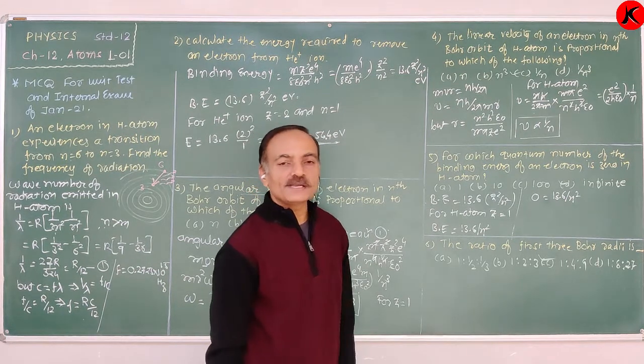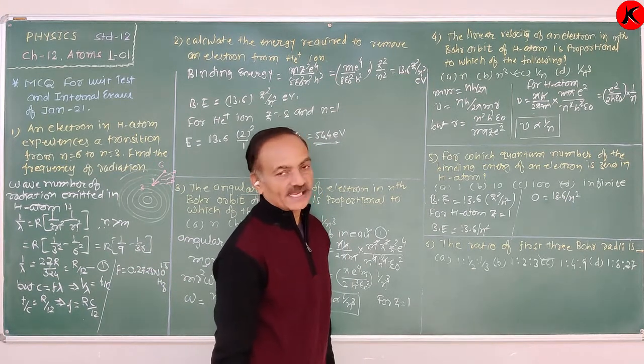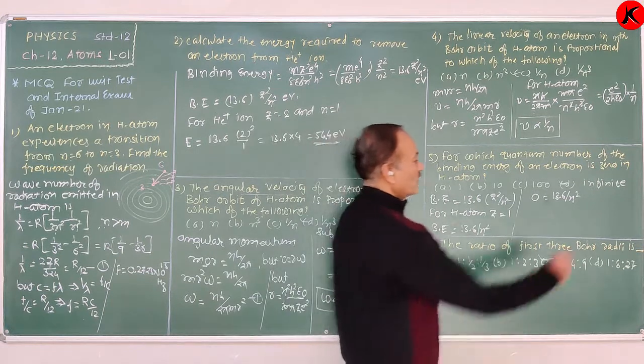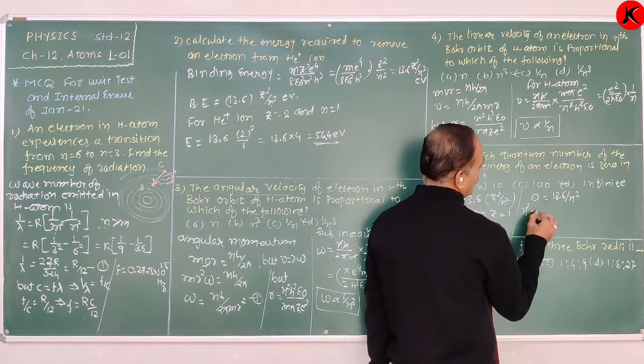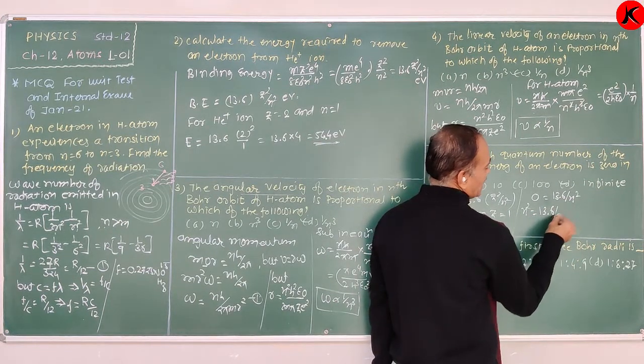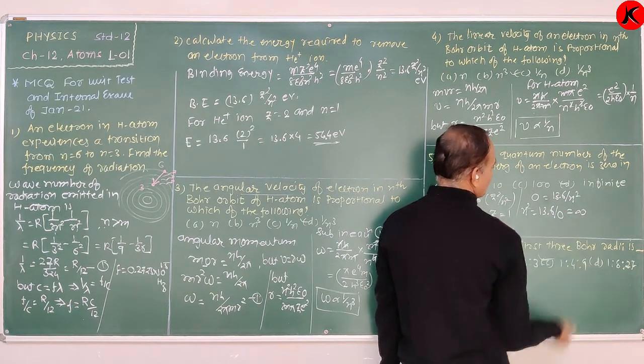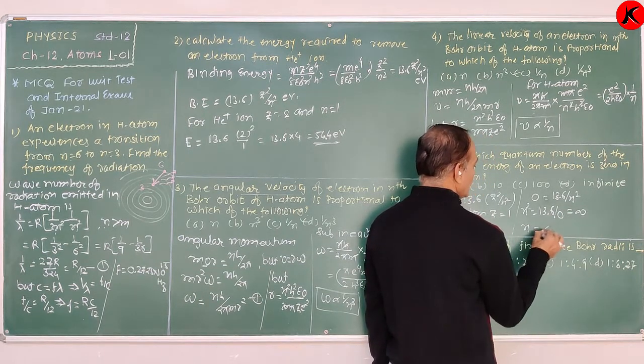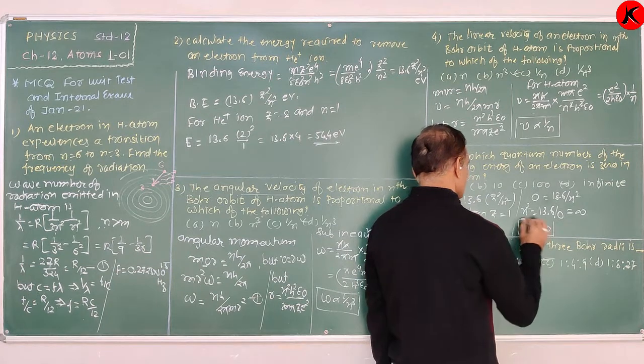So what is the orbit number in which the binding energy of the electron is 0? Therefore, N square is equal to 13.6 divided by 0, which is infinite. Therefore, N is equal to infinite.